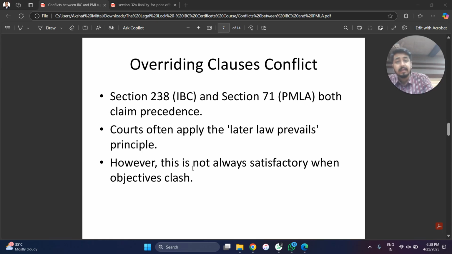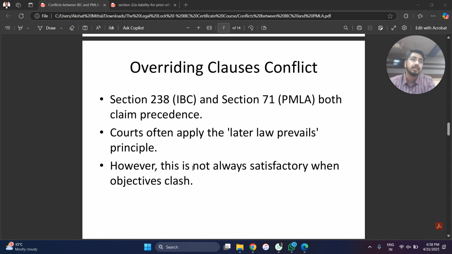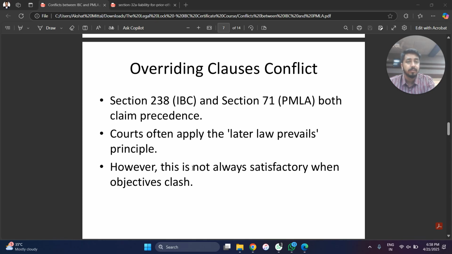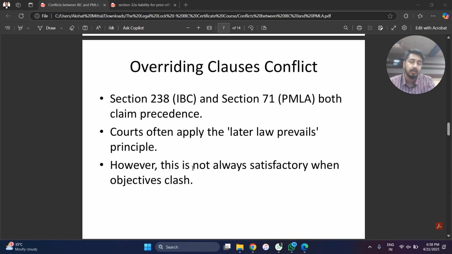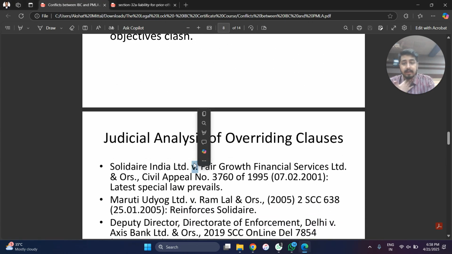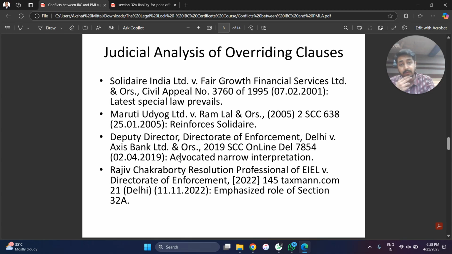So that is why, despite there being overriding clauses in these two legislations, and despite the law settled by the Honorable Supreme Court of India that the later law shall prevail, when this tricky situation comes up, these two things are not helping to resolve the issue of which act should prevail over which. So we take a look at a few of the judgments where the Supreme Court of India has given judicial analysis of how to read an overriding clause.